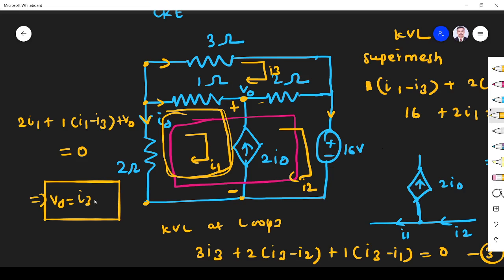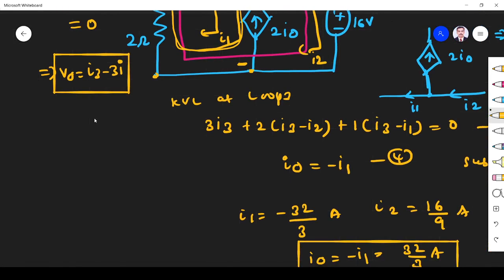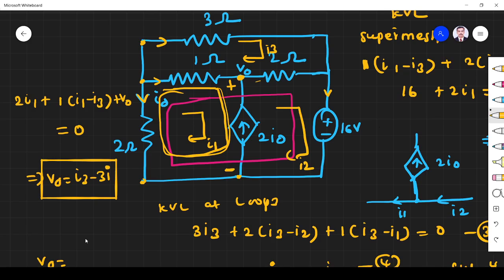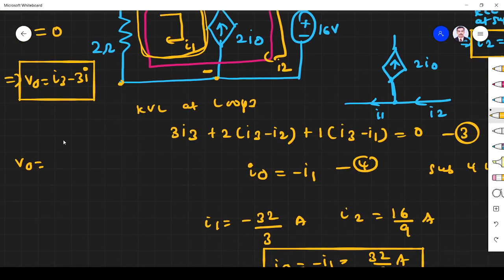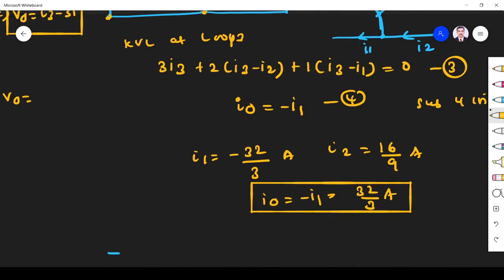So V0 is equal to I3 minus 3I1. I3 is 16 by 9.